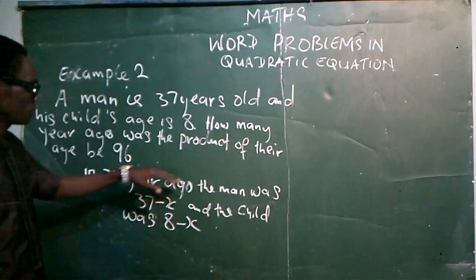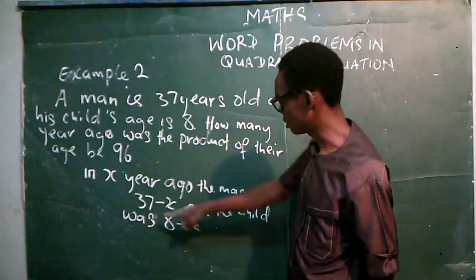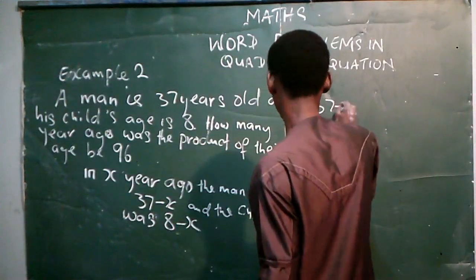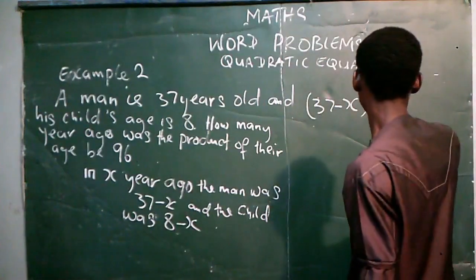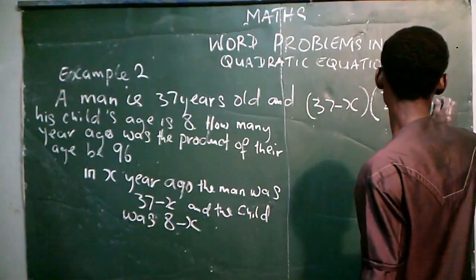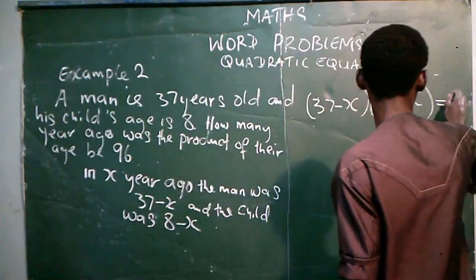In x years ago, the product of their ages, which is this and this, was 37 minus x, bracket, 8 minus x, this times this, and the product of their ages was 96.